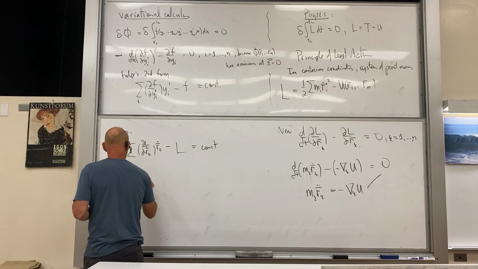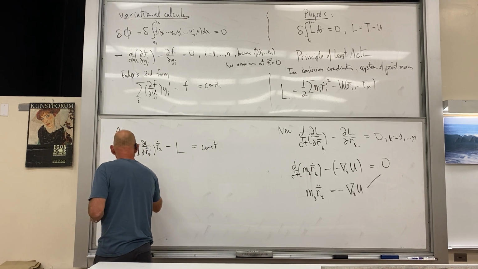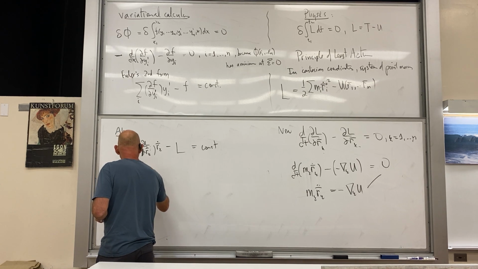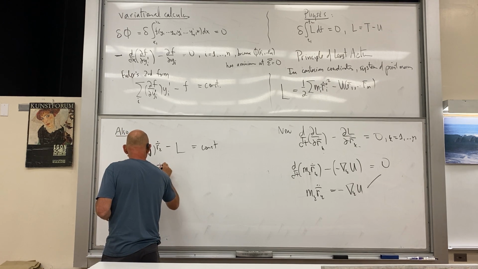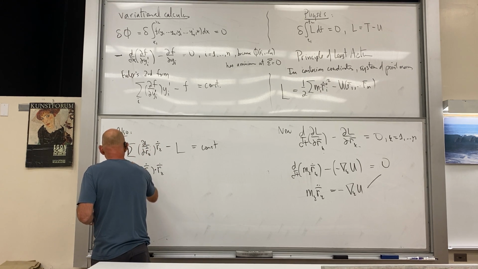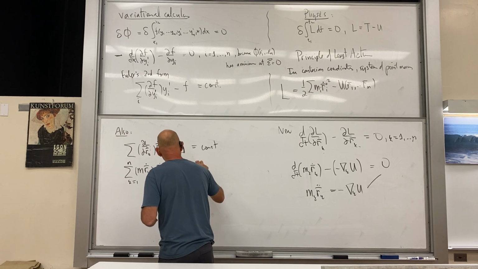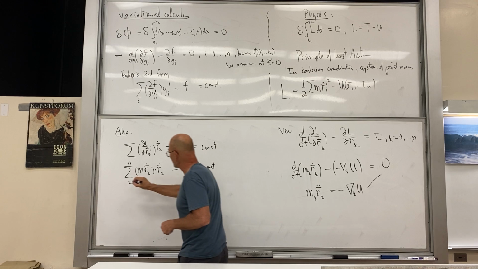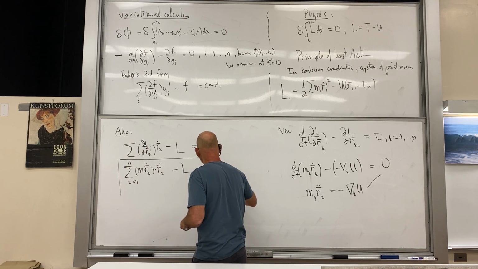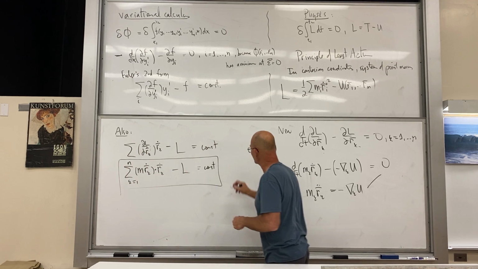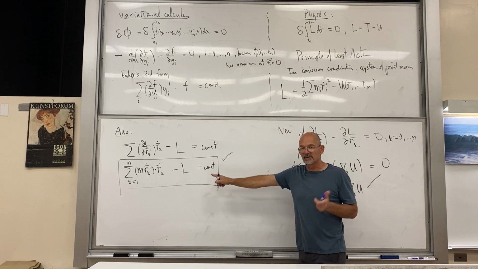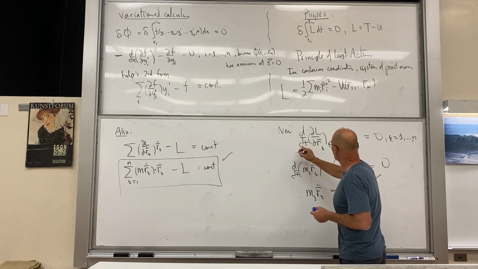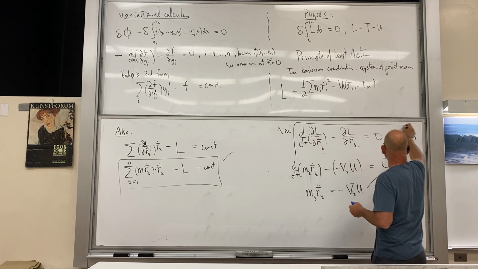Which is to say that the sum of m r sub k dot, dotted into r sub k dot, and then the L is outside, is equal to constant. So this is what we inherited. We're going to see soon, this is the conservation law, and we have these Euler-Lagrange equations.